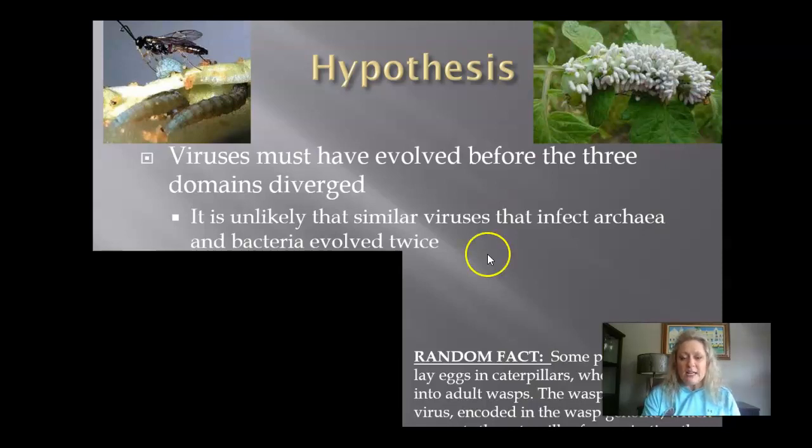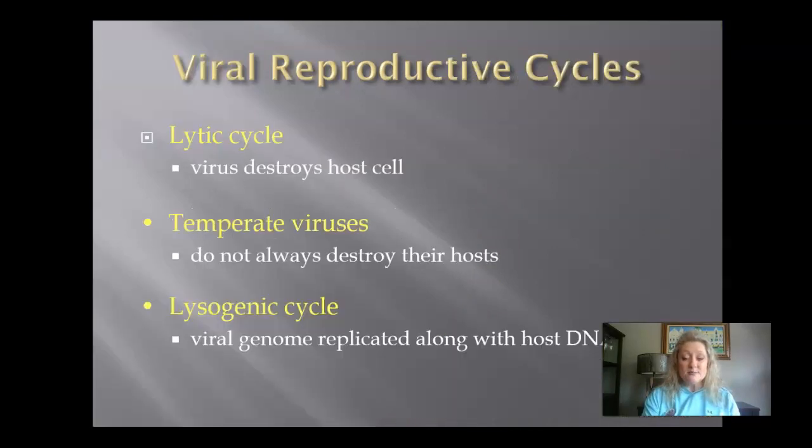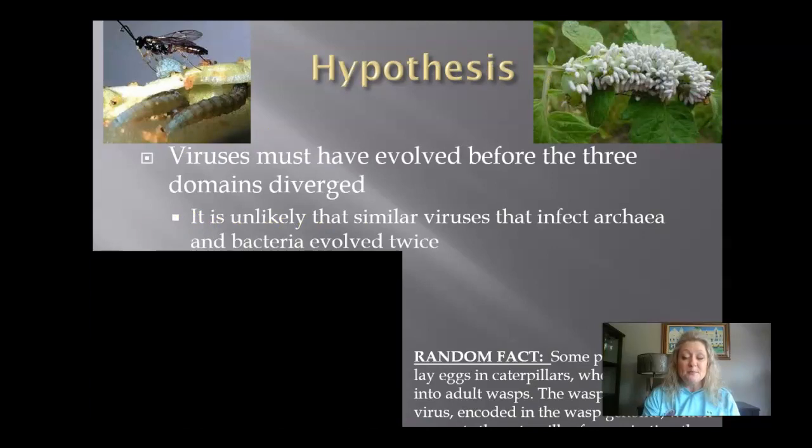So what we're going to look at here is this parasitic wasp. And we're going to, if I can get this to work, get our friend to show you how some viruses hijack the bodies of other organisms.